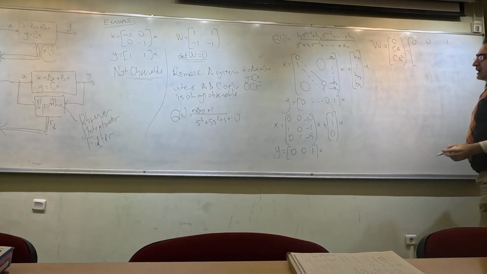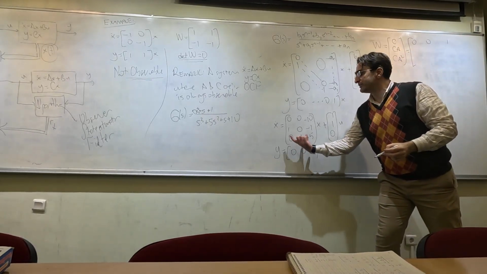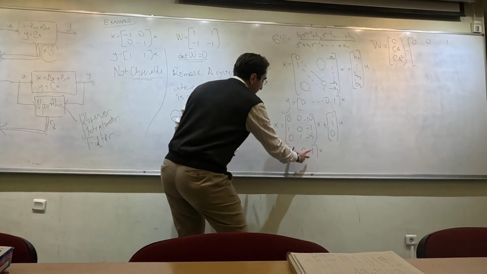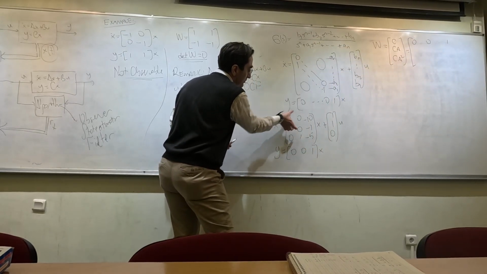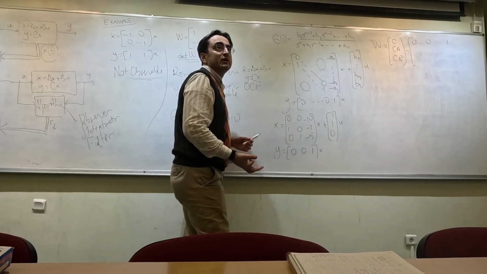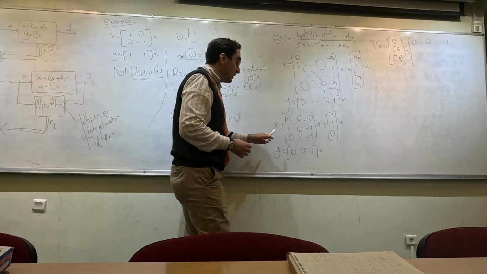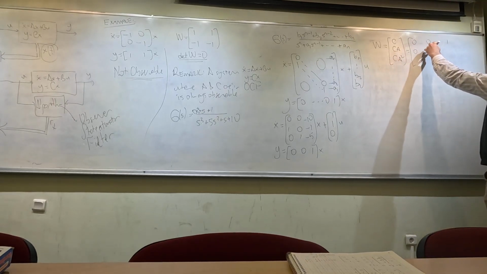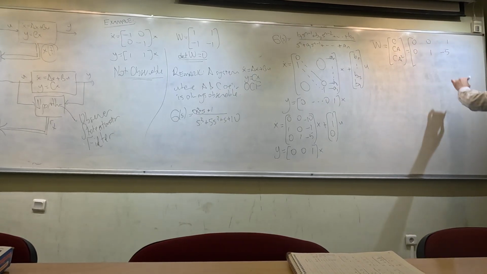If I multiply C with A from the right, I will take this vector, put it here, and multiply this matrix with C. What is it going to give me? The last row. So I have 0, 1, and minus 5.